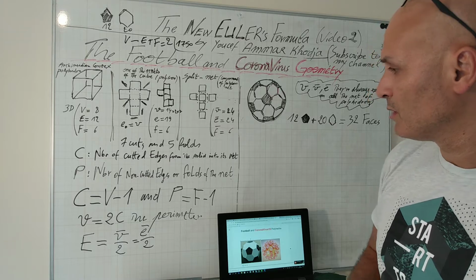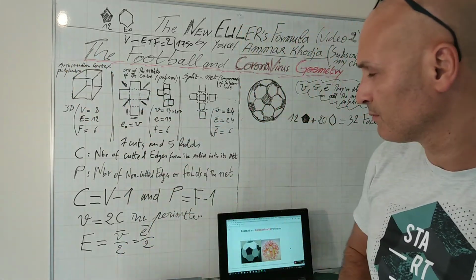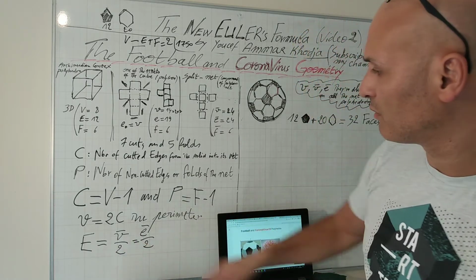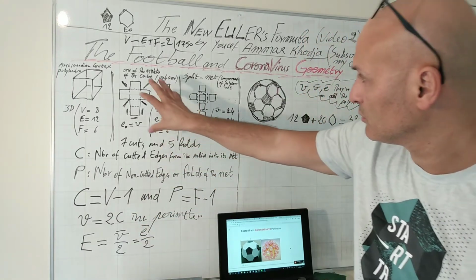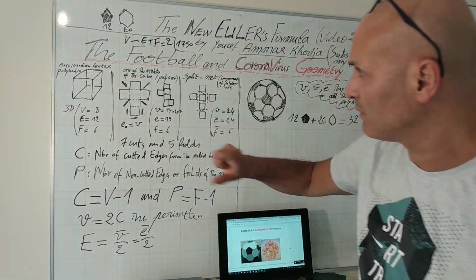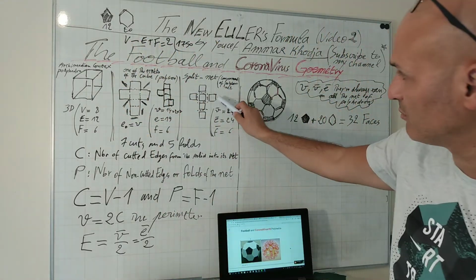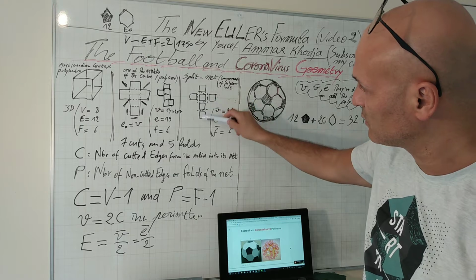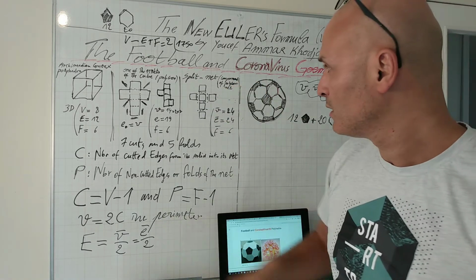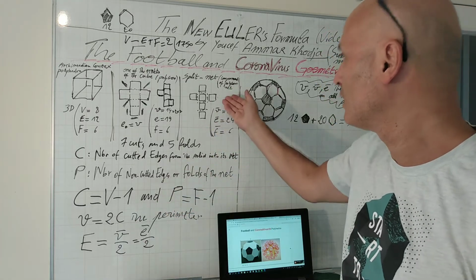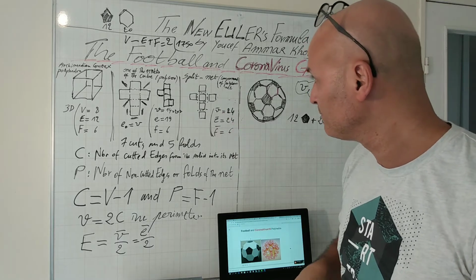Also, the number of edges of the solid always equals the number of elementary edges when you take every face, every element of the solid. Like here, for the cube, we've got 6 squares, and each square has got 4 vertices and 4 edges.